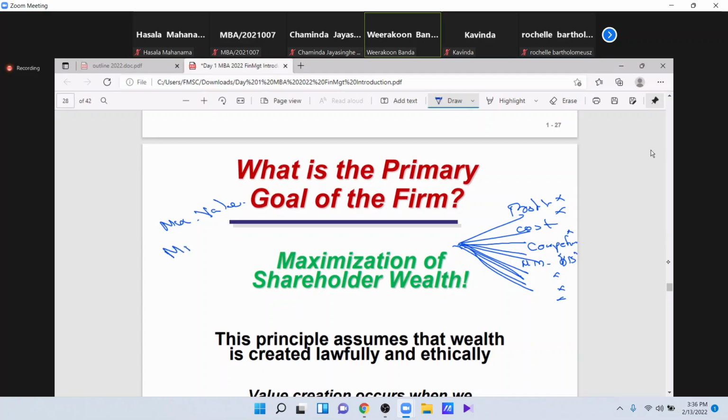The other one is minimize company risk. If they maximize profit, that relates to maximizing value. If they say cost minimization, then you try to maximize value. If you say beat the competition, then it means minimizing risk.